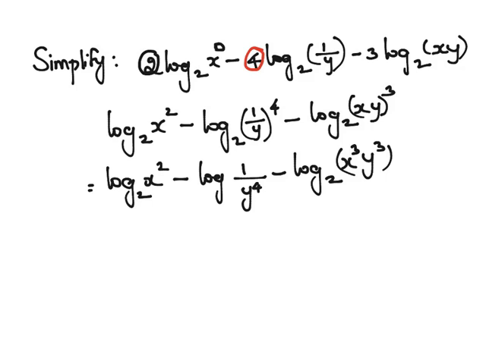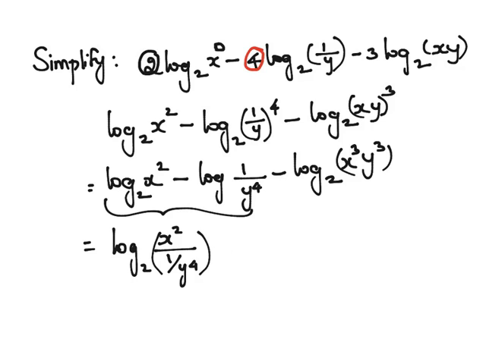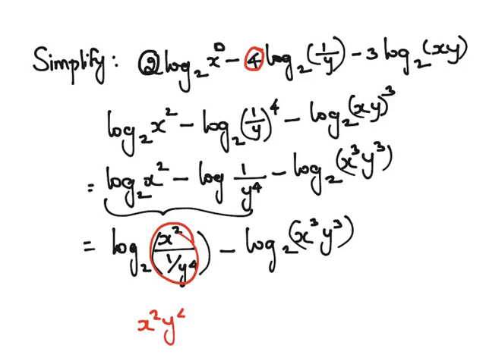Okay, so let us say first I use the quotient rule here, so I get log of x squared by 1 by y power 4 to the base 2 minus log of x cubed y cubed to the base 2. Again, what will happen is this 1 by y power 4 will become, x squared by this expression will actually become x squared y power 4, isn't it?